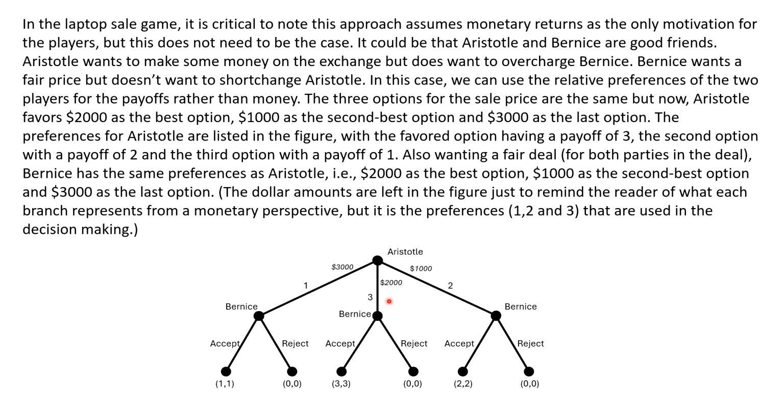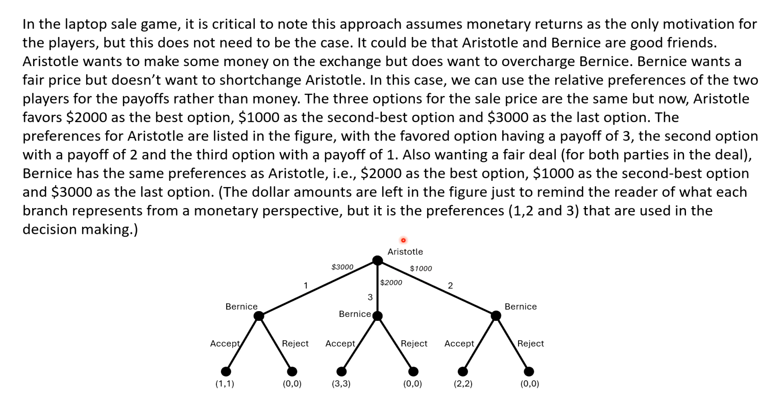So we'll give that a payoff of 3, and then the second choice is 1,000. We'll give that a payoff of 2, and then the last choice for Aristotle is 3,000, excuse me, and we'll give that a payoff of 1. And we'll use 1, 3, and 2 in the analysis rather than these dollar amounts.